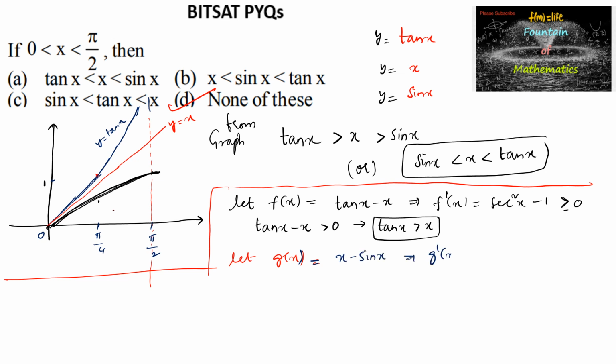Differentiating, g dash of x is equal to 1 minus cos x, and 1 minus cos x is always greater than 0, which implies g is an increasing function. G is increasing function, so x minus sin x is positive, that is x is greater than sin x.